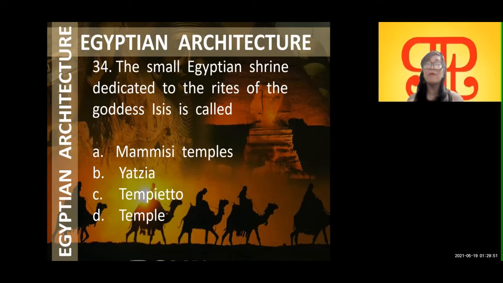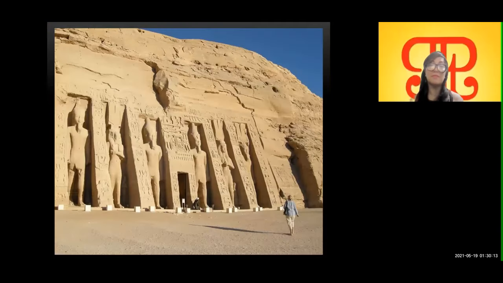They are both gods of the dead. And we also have here the small temple which was dedicated to goddess Isis, the wife of Osiris. And the answer is letter A, Mamisi temples. This one.